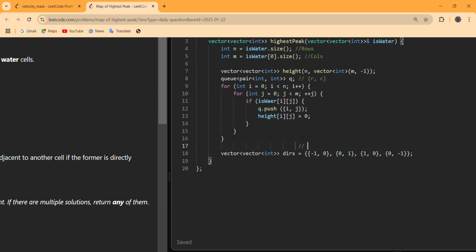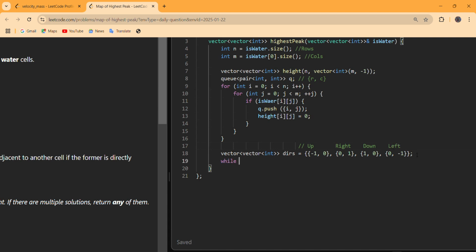This -1 comma 0 represents the up position. This 0 comma 1 represents the right position, and then this 1 comma 0 represents the down position, and then this represents the left position.